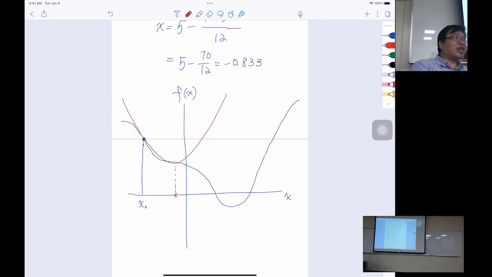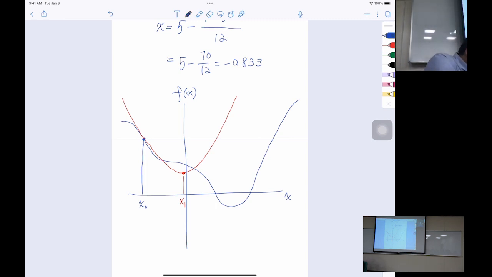So I will use it as my new position to approximate the original function again. If this is called x1, then on this position, let me exaggerate the function a little bit so you can visualize it more. So let's say the optimal solution of the first round of second order approximation is right there.